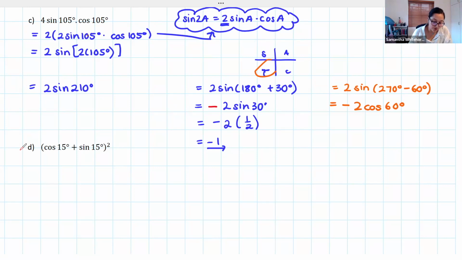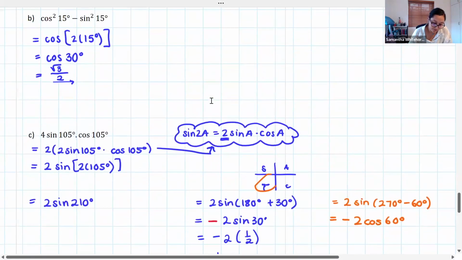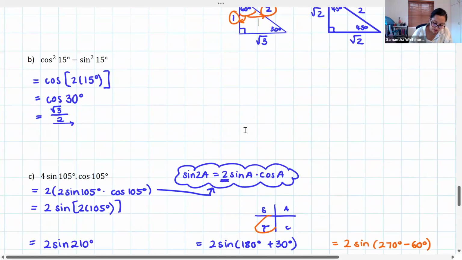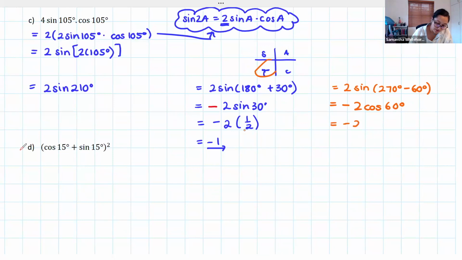If you go to your triangles that we had earlier, cos of 60 is adjacent, so 1 over hypotenuse 2. So it would be negative 2 times a half, which is exactly the same as what we had in the previous method. So once again, there's absolutely nothing wrong with using the co-ratios.